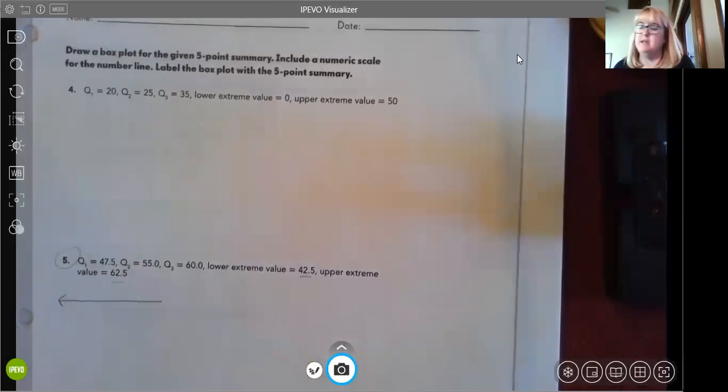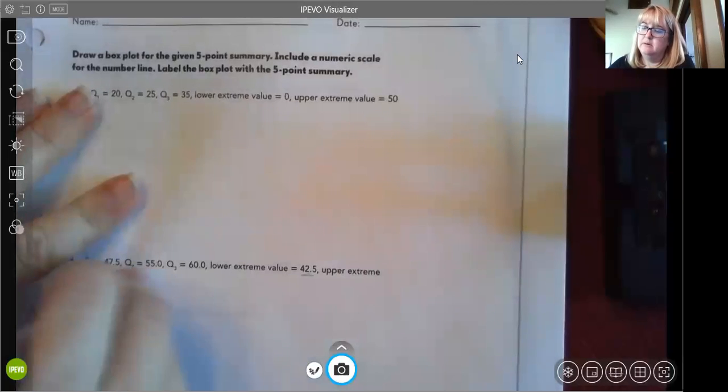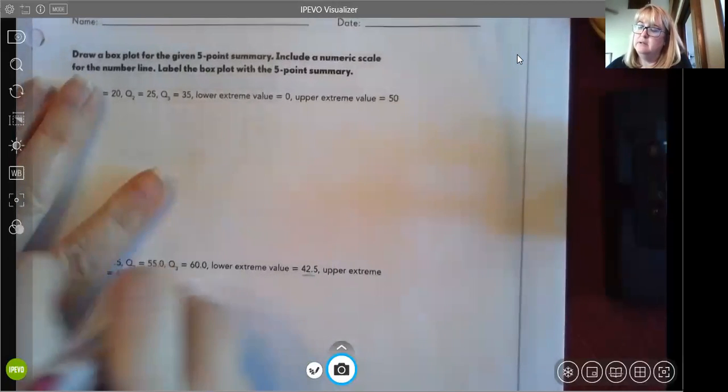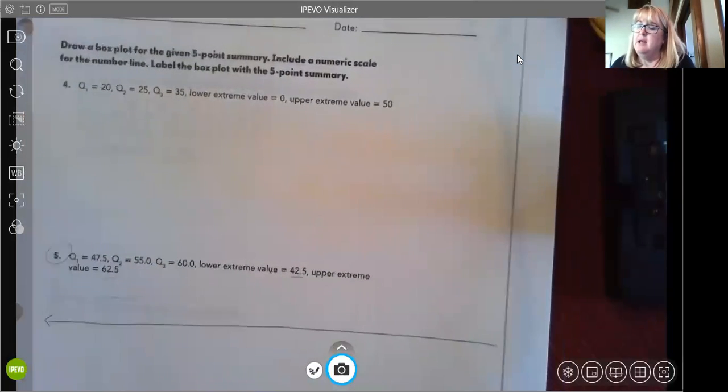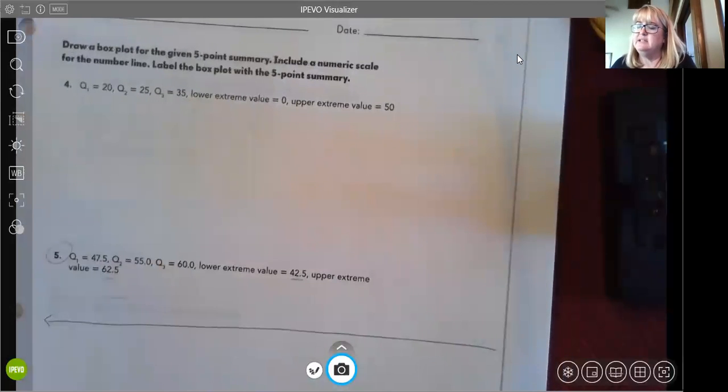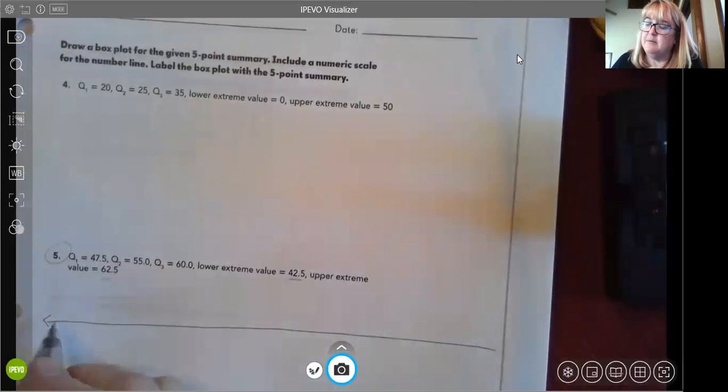Oh, I better make that lower, so I can make my box plot. Maybe we can try 0.5. That's half of a number. What if I did 42, 43, 44? Let's just count by ones.